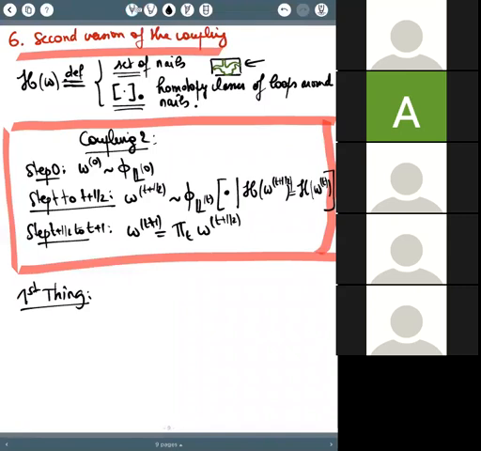Well, it's not that obvious. So first thing you need to prove is that information on nails and homotopy classes enables us to measure the distance between two configurations.